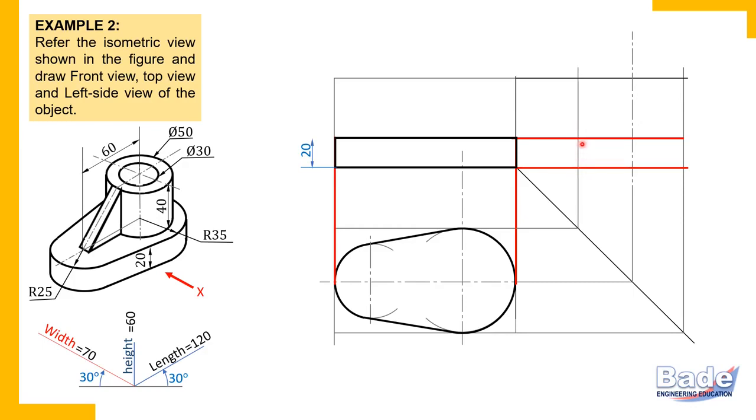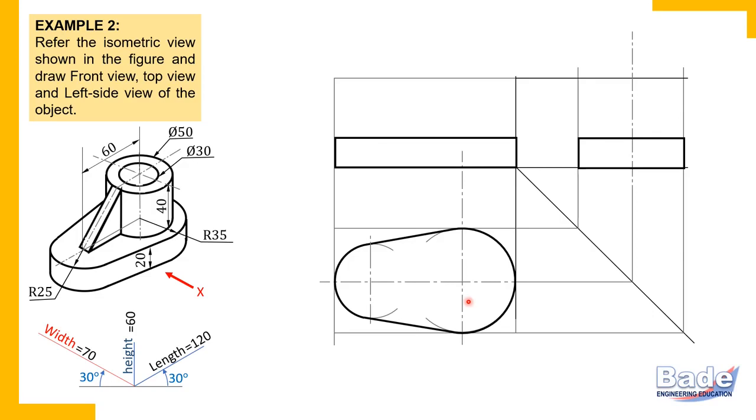So you may measure 20 millimeters independently. And the width we have already measured in the top view, 70 millimeters. We are not talking about the overall object, only this plate. This plate also has a width of 70 millimeters. So transfer it to the side view by drawing end projectors. So this is that side view. Make it dark. So this is how we have completed the top view, front view, and side view of the plate.